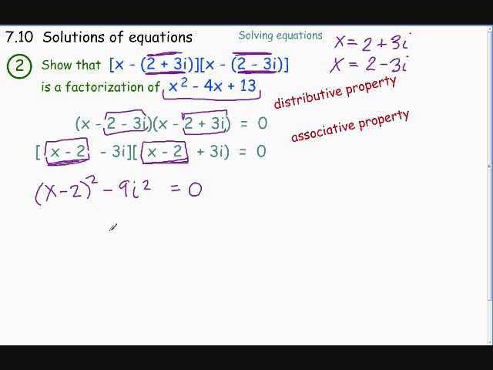What? Is it really? I don't think so. Let's see what happens here. X squared minus 4x plus 4, and then we'll have plus 9 equals 0.